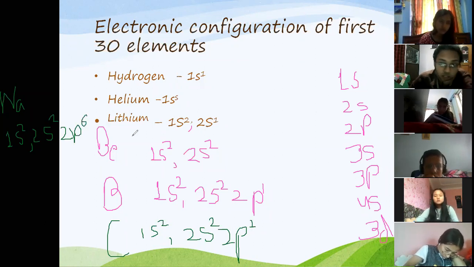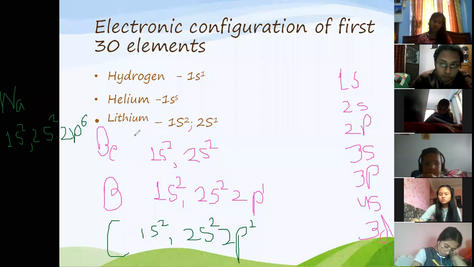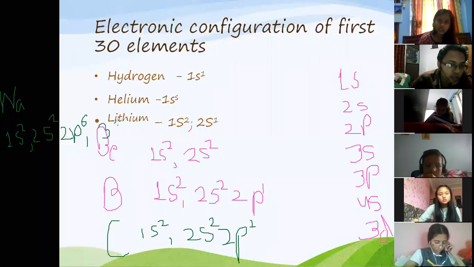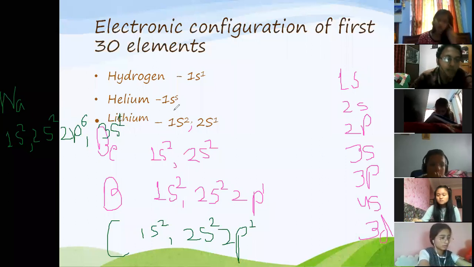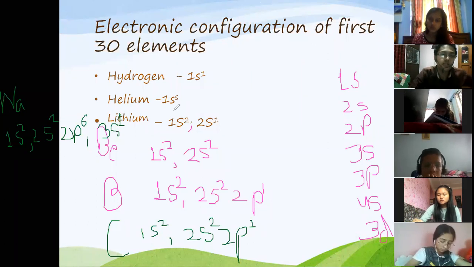No more than 6, because p has a capacity of 6 only. We cannot put 2p7 there. 2p6, and then we put a comma. Then comes 3s1. So that's the answer for sodium: 1s2, 2s2, 2p6, 3s1.